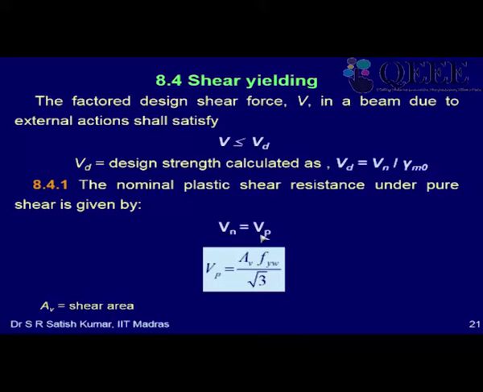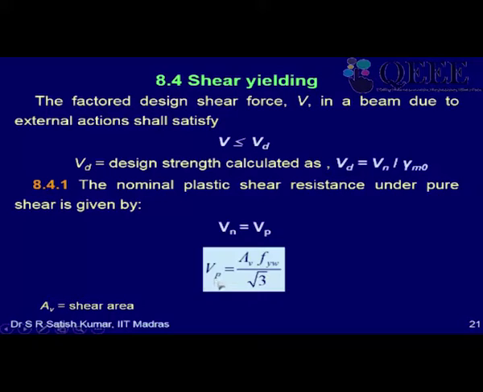And for most sections, I sections etc., if Fy is the yield strength in tension, Fy by root 3, there is a criteria called von Mises criteria, according to which the shear yielding will occur at Fy by root 3, and that into the area under shear will give me the Vp. Okay. So here for Fy I do not have to put gamma m naught because it is eventually coming.